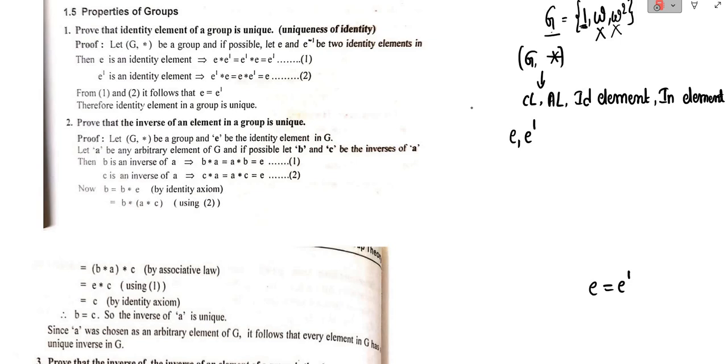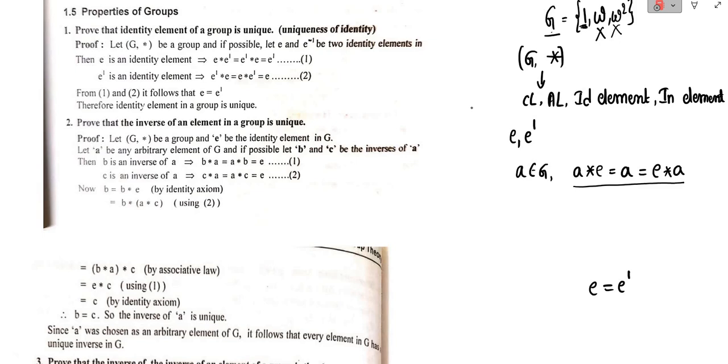So let us check what the identity property is. If A is an element of G, A star E equals A equals E star A. This is the identity property. That means if you multiply any element of G with the identity element, you get the element itself.